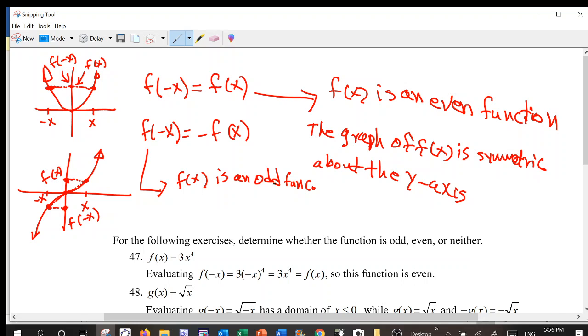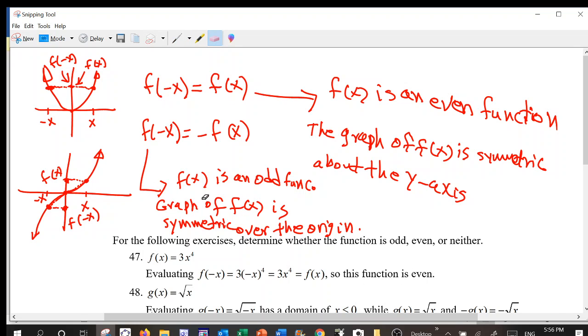Here we go. Okay? Now also it means that the graph of f of x is symmetric over the origin. Okay, so that's all, even and odd function.